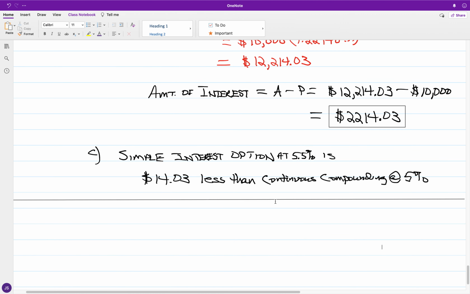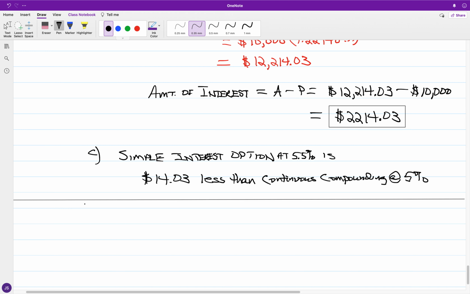And for among the first items, some of these you can either do quickly by hand, or in some cases you can also use the calculator.